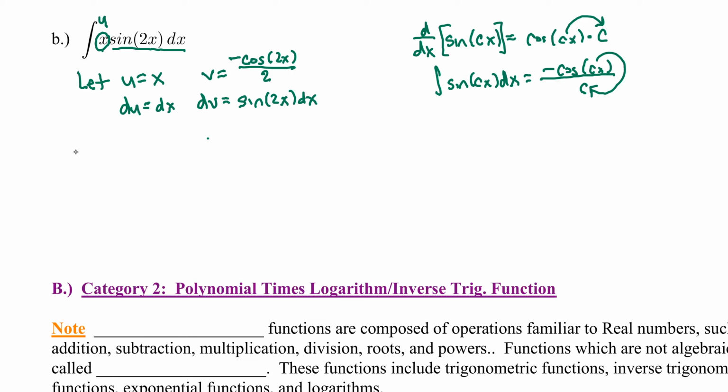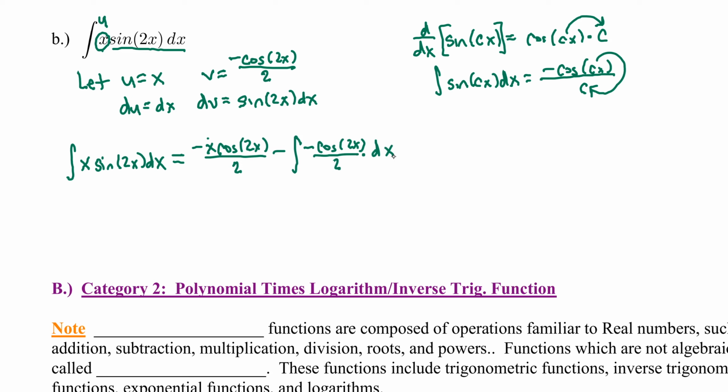So let's put this together with our integration by parts formula. We have x times sine of 2x dx, and we're following the pattern u times v minus the integral of v du. U times v, we can call that negative x cosine of 2x over 2, minus the integral of v, which is negative cosine of 2x over 2, times du, which is dx.